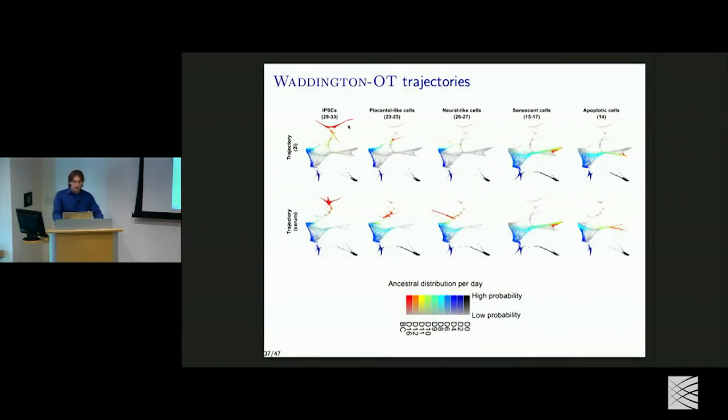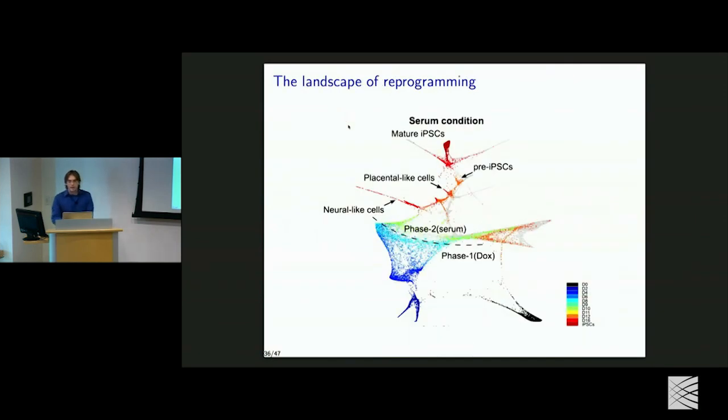Okay, so this is called the force layout embedding of the data set. This is a two-dimensional visualization of the 20,000-dimensional data. Each point represents a single cell gene expression profile. These points are embedded by first computing the 20-dimensional diffusion components, which reduces from 20,000 to 20 dimensions.